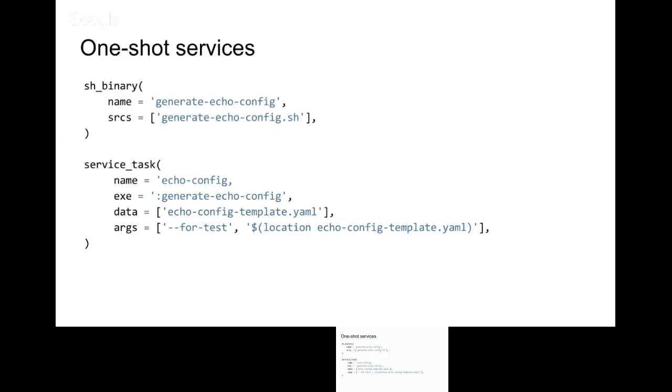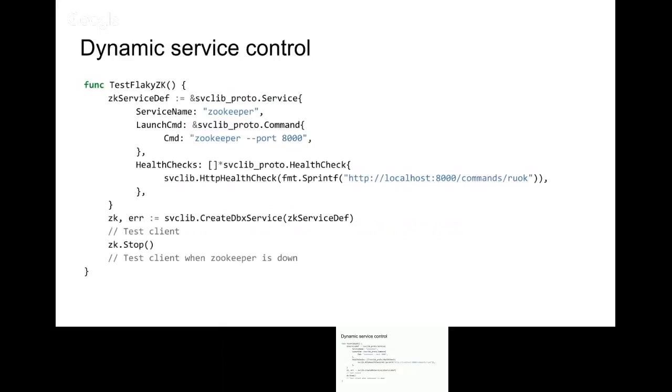So we support one-shot services, which are not actually daemons which need to run during the course of a test, but rather scripts that run and initialize something. So the service framework just runs these and then waits for them to finish rather than running a health check or anything.